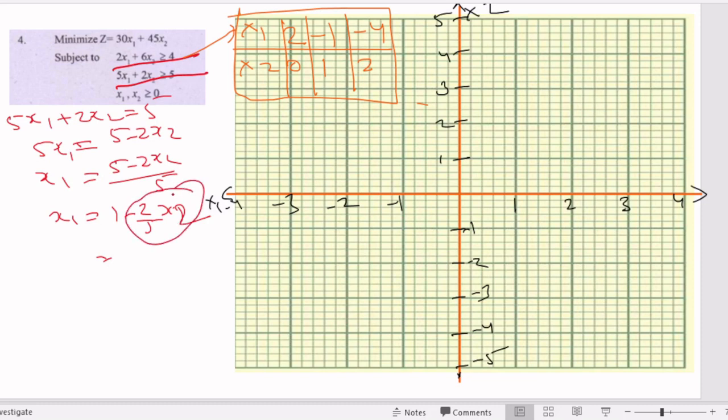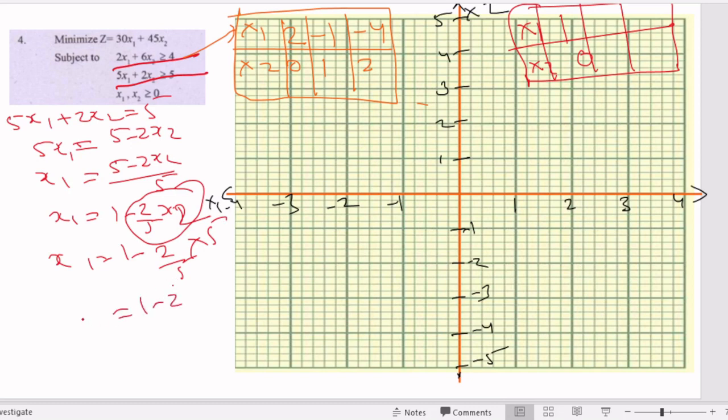this particular will be 1, so x1 is 1 when x2 is 0. Second, we have 2 by 5, so in the denominator we have 5 and we have to remove that. Suppose I take x2 equal to 5, then the 5 will get cancelled: 1 minus 2, so x1 will be minus 1.